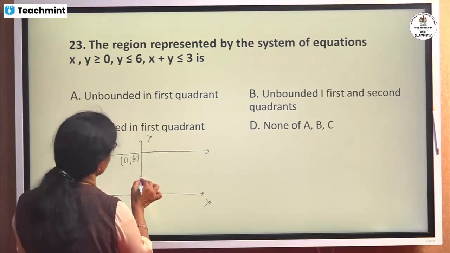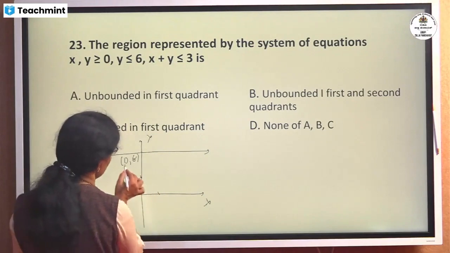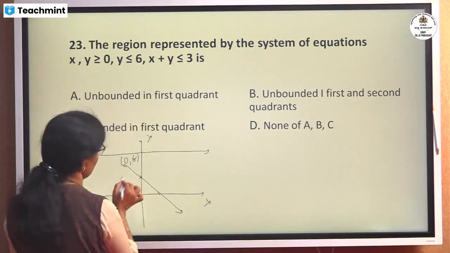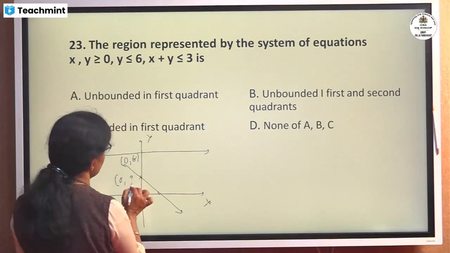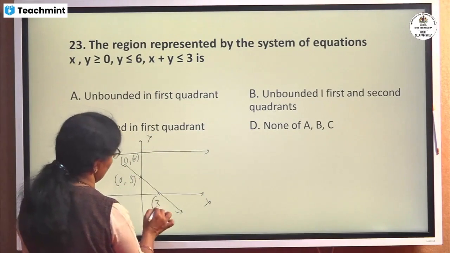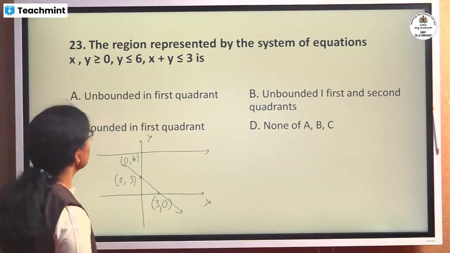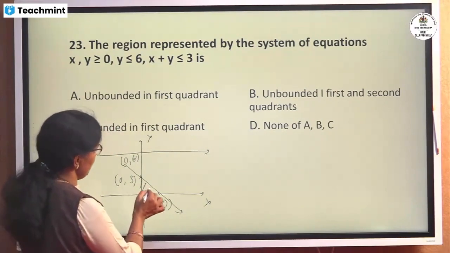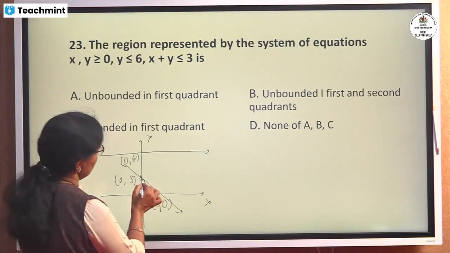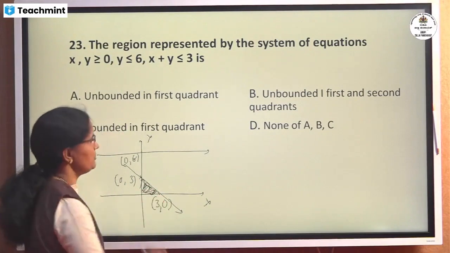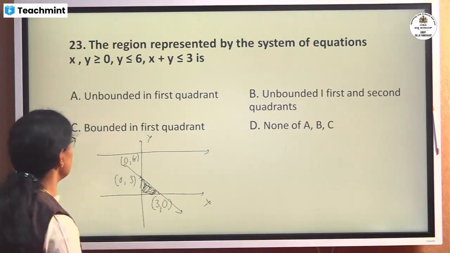x plus y is equal to 3. So this will be the line x plus y is equal to 3: (0, 3) and this is (3, 0). Obviously, (3, 0) are the points. So origin verification is true for this. Therefore, this is the feasible area.